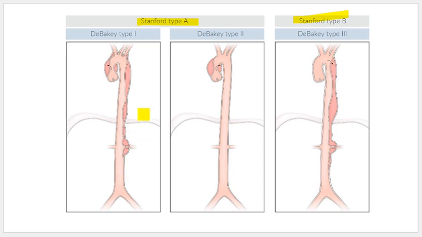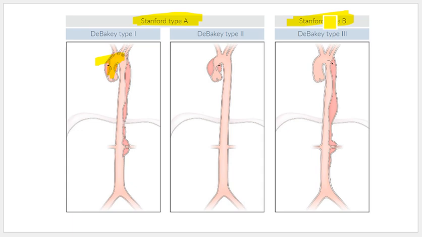So basically, if the ascending aorta is involved, I'm repeating my statement, if the ascending aorta, this portion, has aortic dissection, we will mark it as Stanford type A. If the ascending aorta is affected, we call it Stanford type A. If the descending aorta is involved, then we call it Stanford type B. And sometimes both descending and ascending aorta are affected, then what will be the answer?